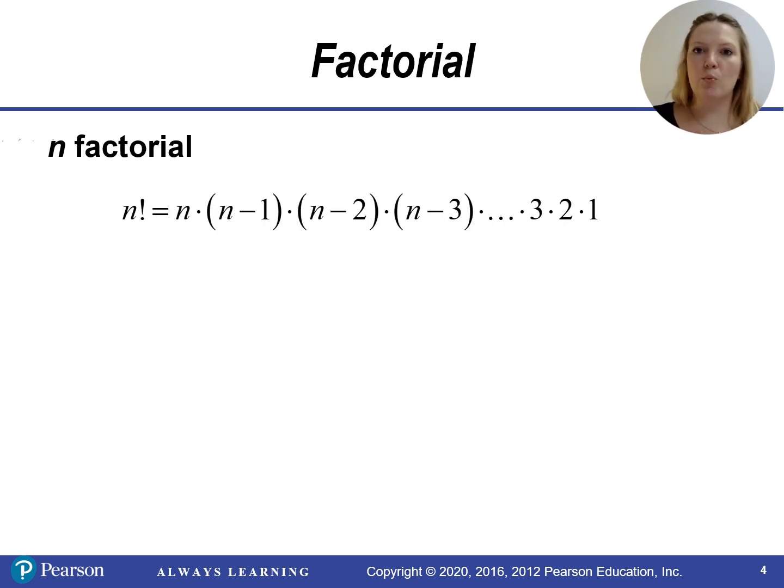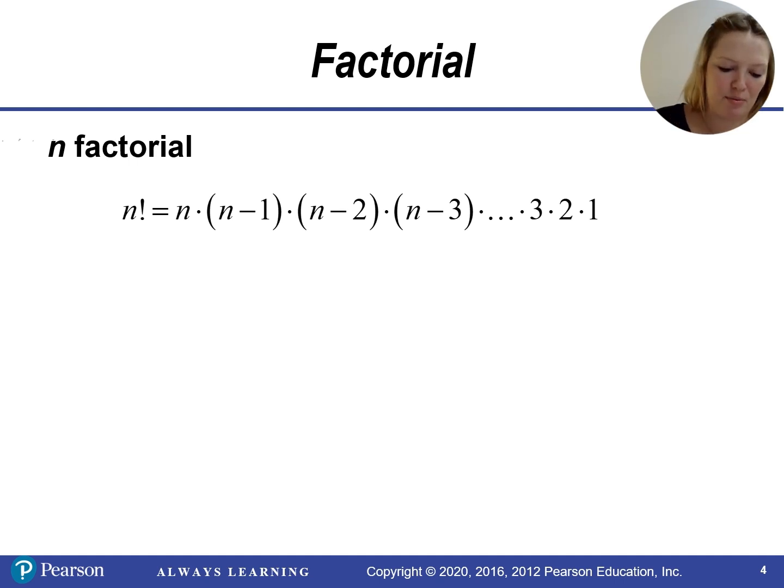All right, and so one bit of notation and just reminder that you might need a refresher on for this section is called n factorial. So this is when we have an exclamation point next to a number. That means factorial. And so what a factorial does is it multiplies that number with everything else, all the other smaller natural numbers than it.